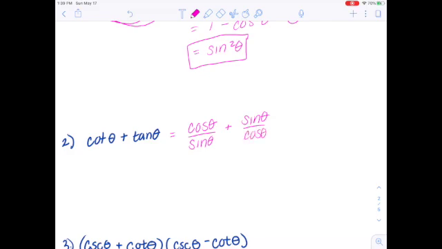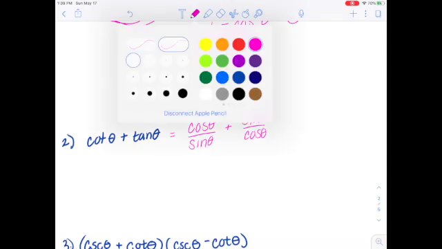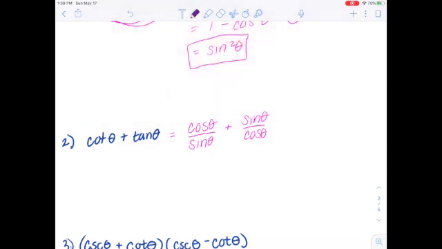Now, you've got fractions. So we need to make common denominators in order to add these two fractions. Our common denominator should be sine theta times cosine of theta. So in order to get that, I need to multiply the first fraction by cosine of theta, and then on my second fraction, I'm going to have to multiply by sine of theta, numerator and denominator.